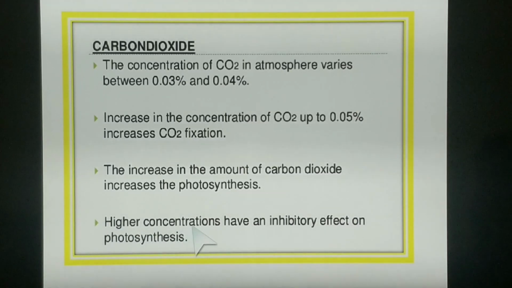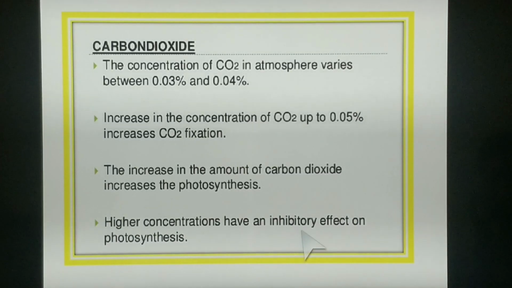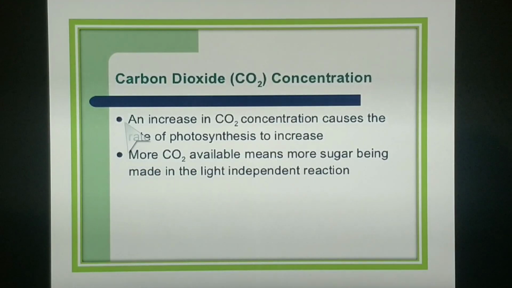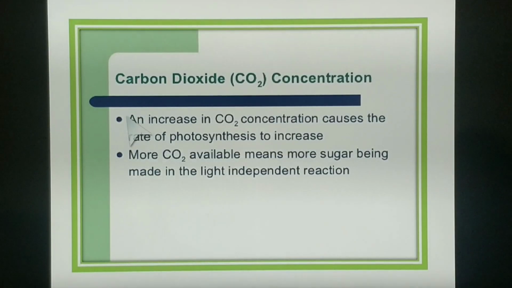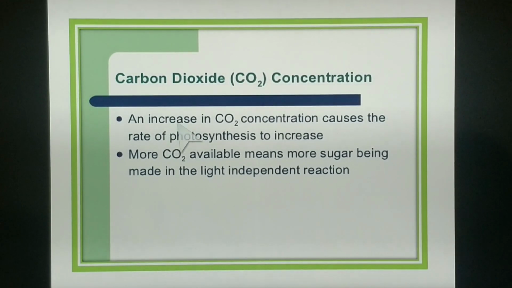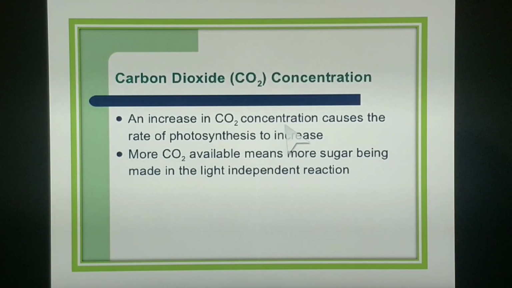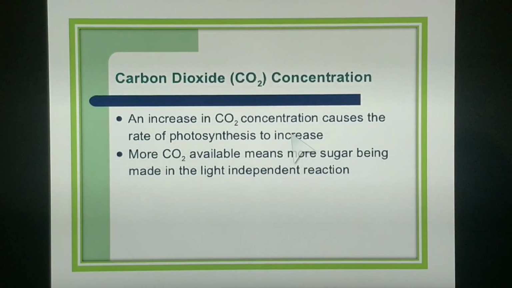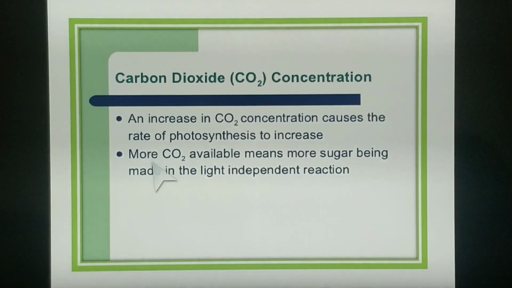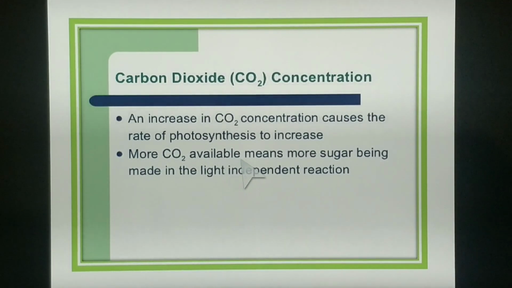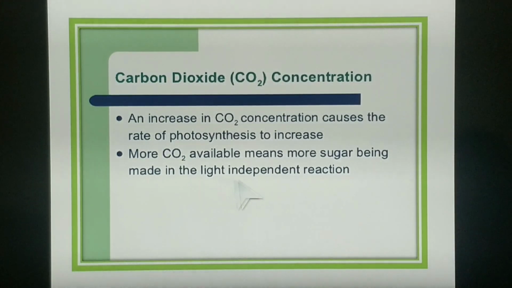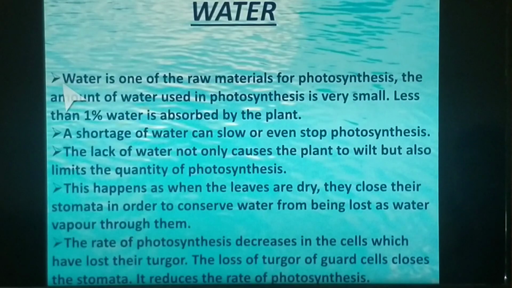Higher concentrations have an inhibitory effect on photosynthesis. So we have understood that an increase in carbon dioxide concentration causes the rate of photosynthesis to increase. More carbon dioxide available means more sugar being made in the light independent reaction.